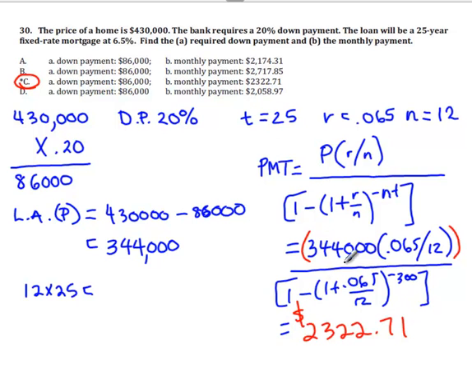But often, if you don't do it exactly as you see it here, you won't get it right. You'll miss it by a penny or so. But generally speaking, if you carry 8 or 9 decimal places, you should be fine. So the answer to this one is $2,322.71.